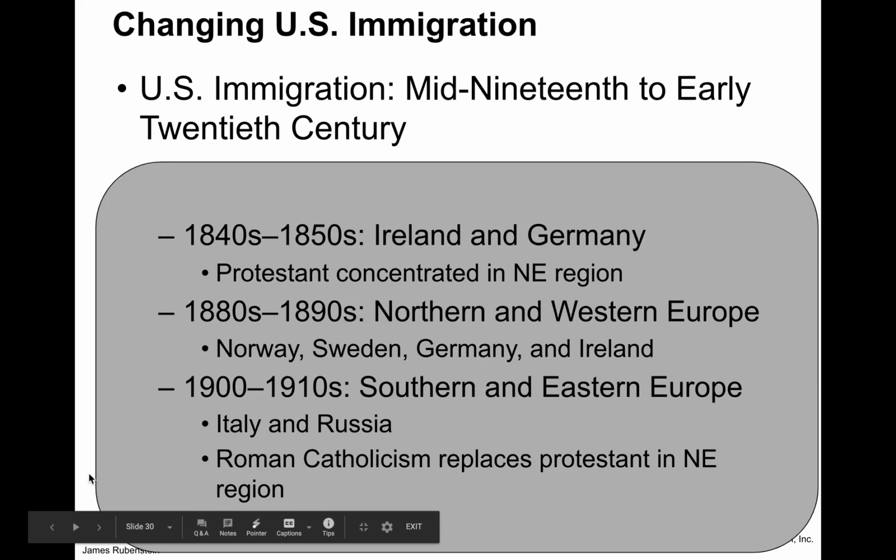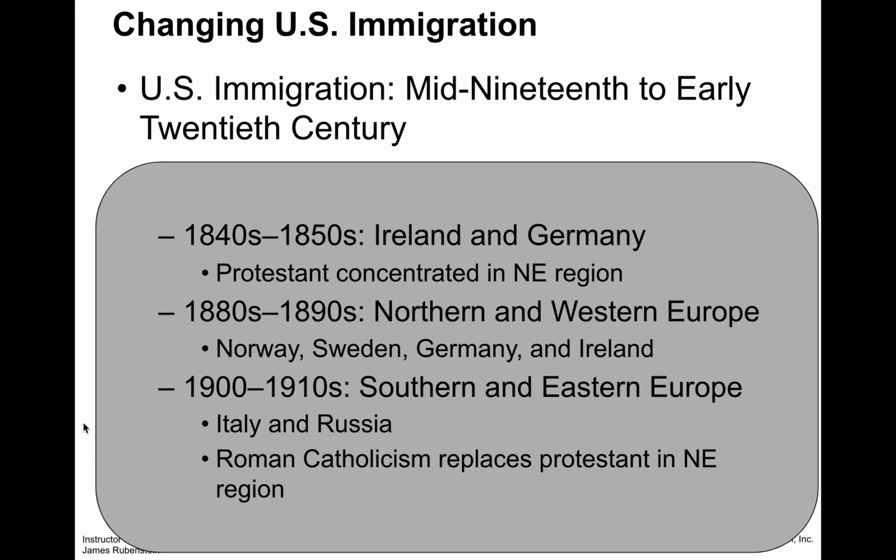All right, when we look at immigration in the mid-19th century, the 1840s and 50s, three-quarters of all U.S. immigrants came from Ireland and Germany, for economic push factors. Germans also immigrated because of political unrest. And as they came across, remember this is relocation diffusion, they took their religion of Protestantism.